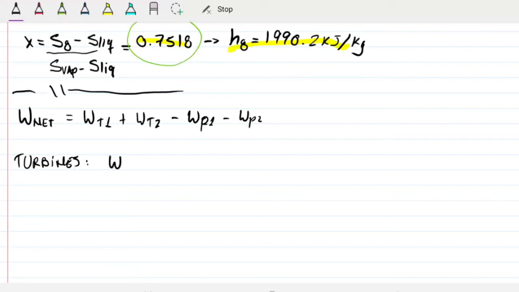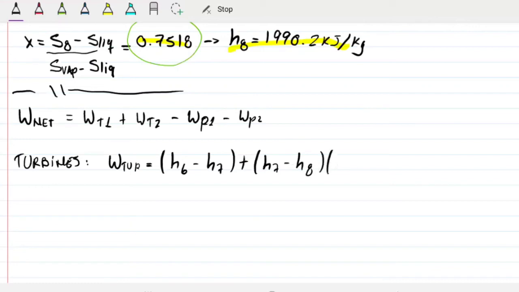The work of the turbines: turbine 1 is when we go from state 6 to state 7, and turbine 2 is when we go from state 7 to state 8. Now, we also have to account for the 1 minus y, which in our case is 0.65, or 65%.